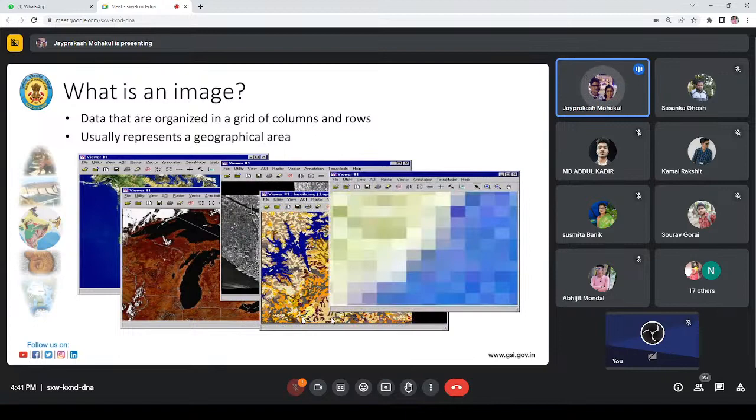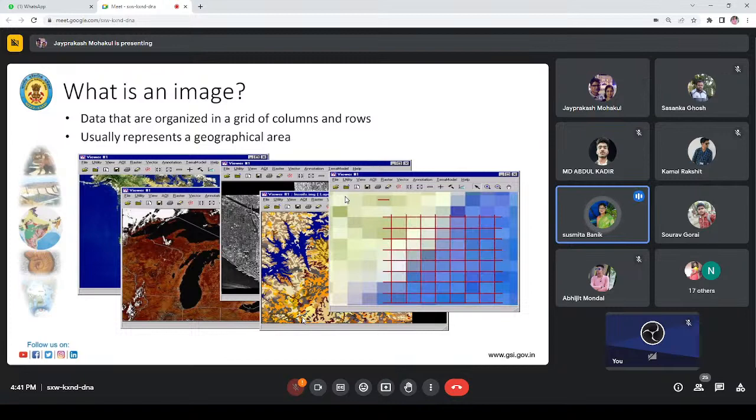So finally, if you zoom it up, it is basically rows and columns. Each pixel has one unique number for a particular band of the satellite, right? Now, suppose a satellite has 10 bands, each pixel will have 10 different DN numbers. Is it understood? Yes, sir.